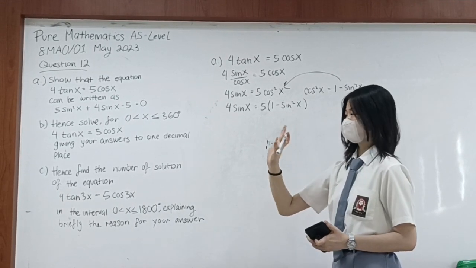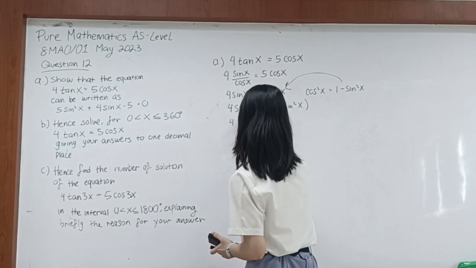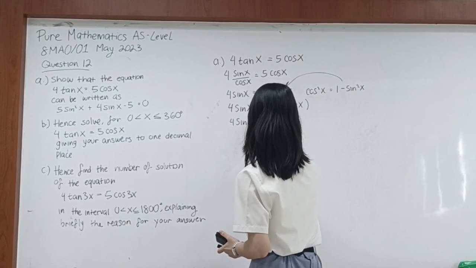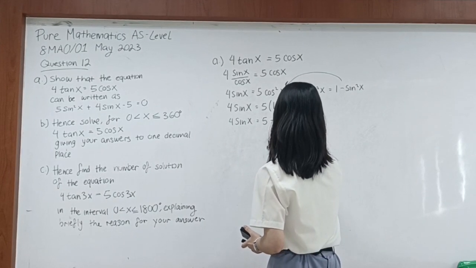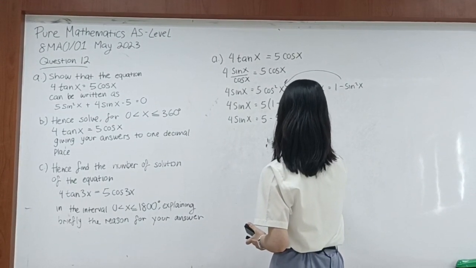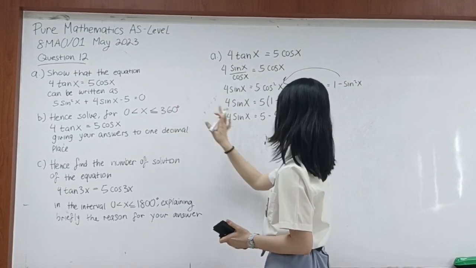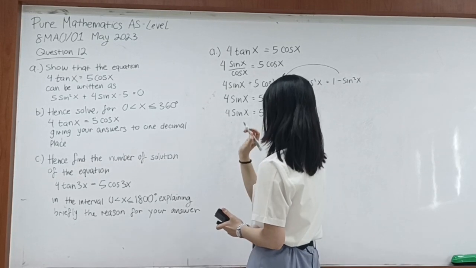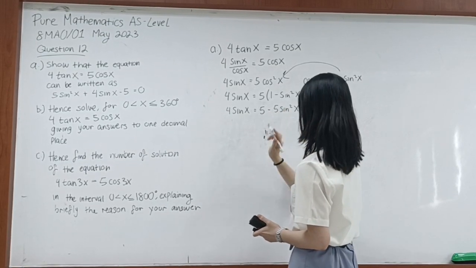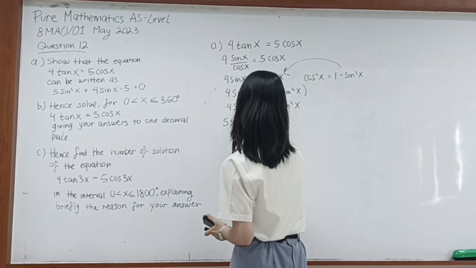Now what we want to do is to expand the brackets, so we want to multiply the 5. So 4 sin x equals 5 minus 5 sin squared x. And as you can see, they already look pretty similar, and all we want to do is just move the right side to the left side, which would give us, the negative would turn into a positive, so it will give us 5 sin squared x.